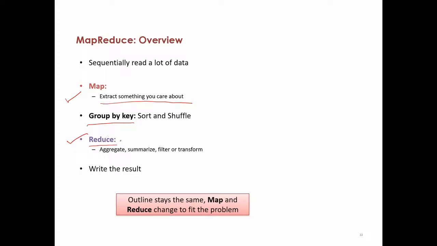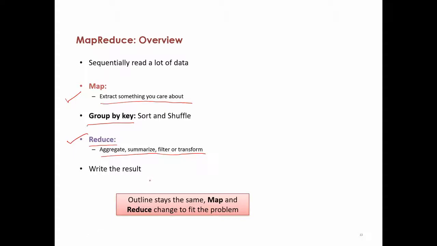Again, you have a custom logic at the reducer end, where the reducer works on a group of data. Here you basically aggregate, summarize, you can filter or transform, you can do all your operations, and then finally you write the result.